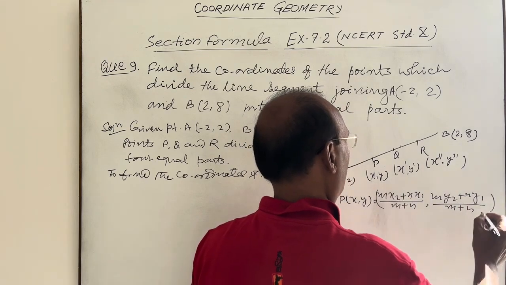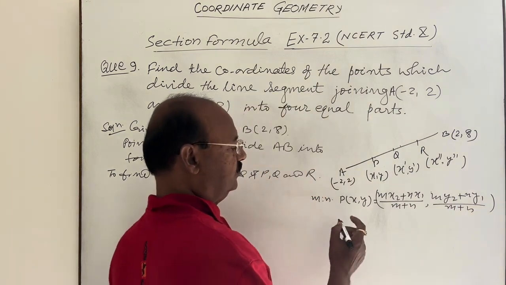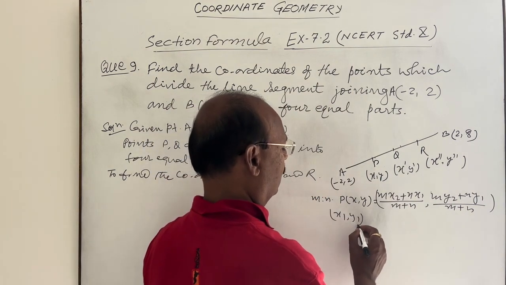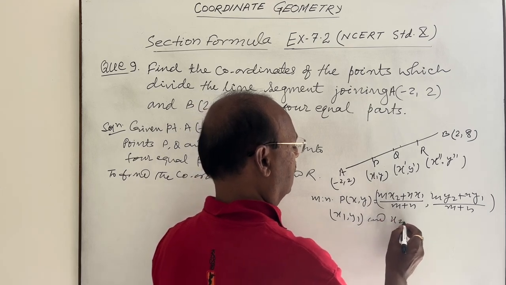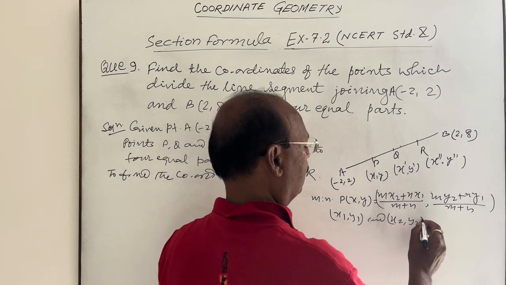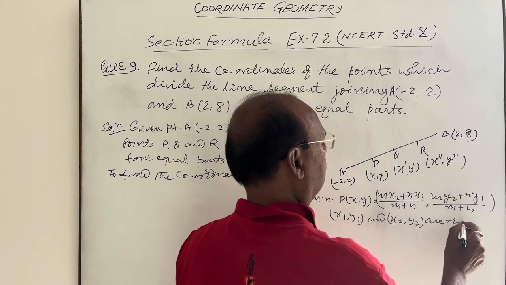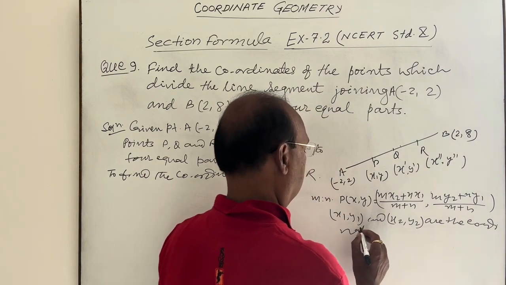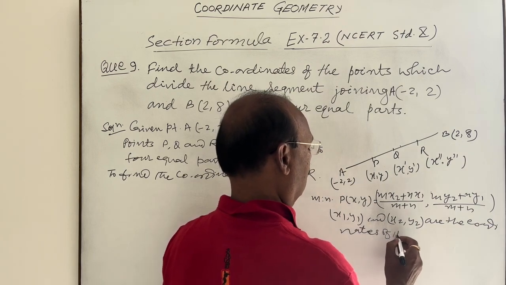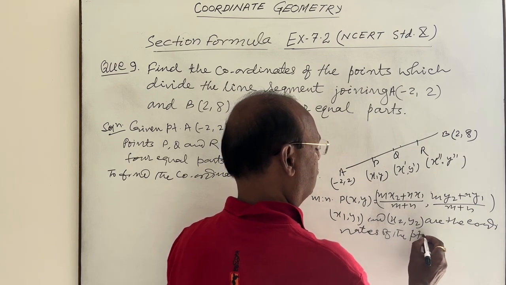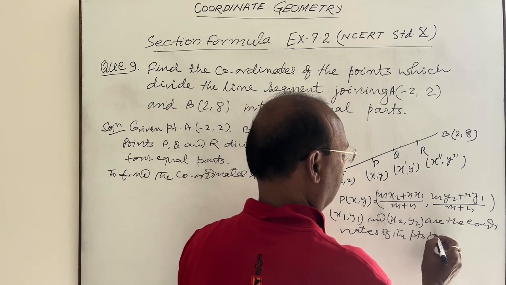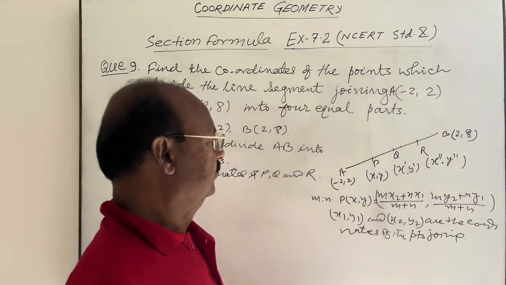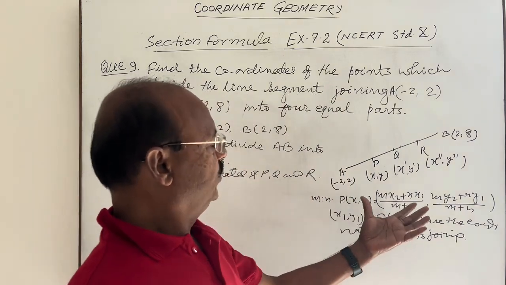Correct? Where x1, y1 and x2, y2 are the coordinates of the points joining. So let us use this formula here.